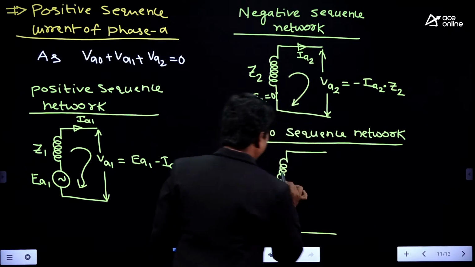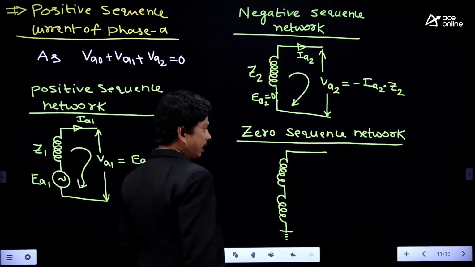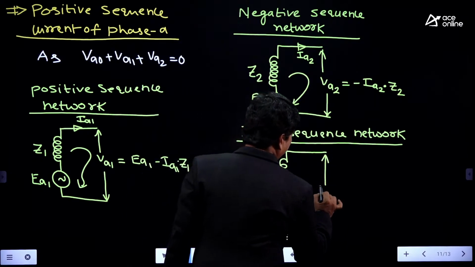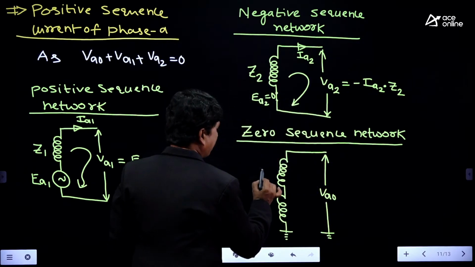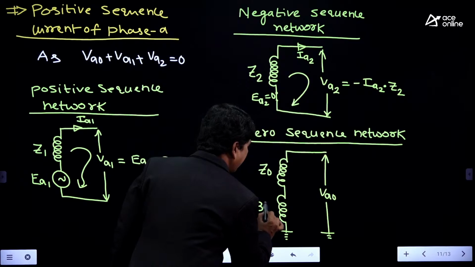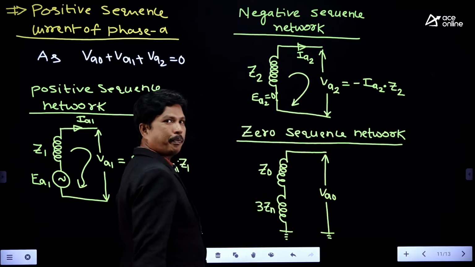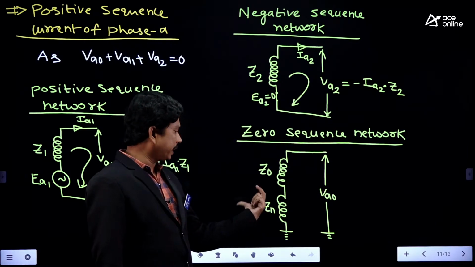This will be the ground point. So here you have to write VA0. This is Z0, the zero sequence impedance, and the neutral impedance Zn will be replaced with 3Zn.